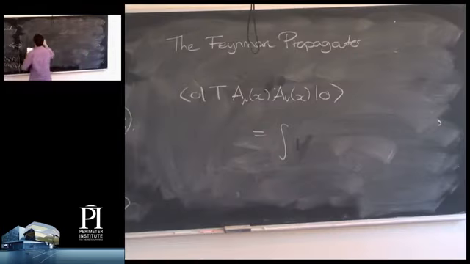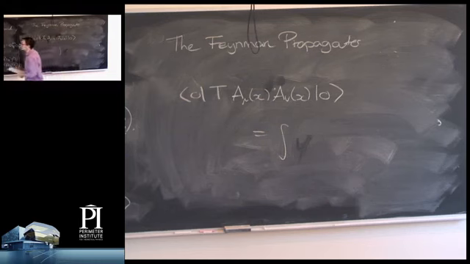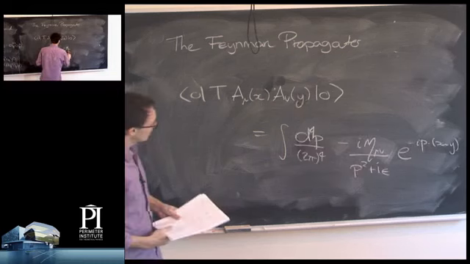So the Feynman propagator, well, it's dead easy. You plug this into here, you do the same kind of time ordering contour integrals that we had before, and you get the following expression. Should those be evaluated at the same point? No, thanks.